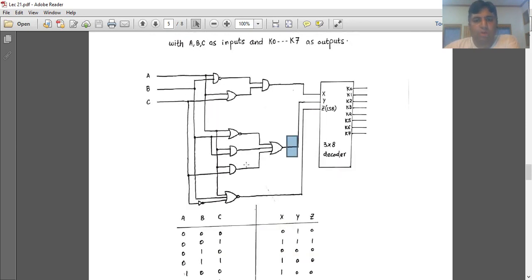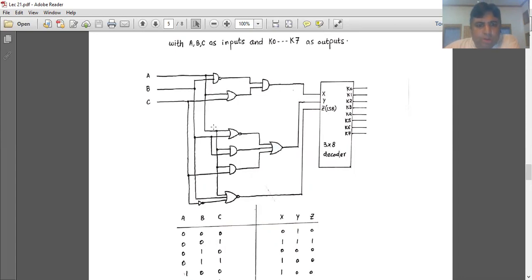Next you will go to the third output. This Z output is coming from here, and this is a NOR gate. The NOR gate has 3 inputs.